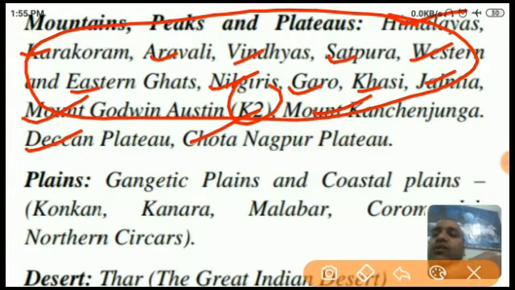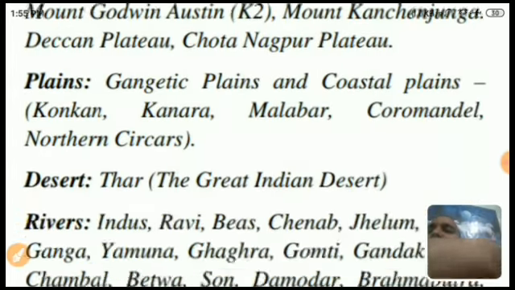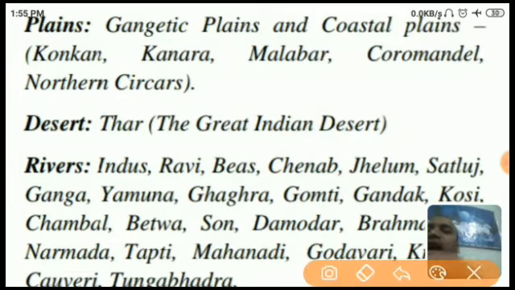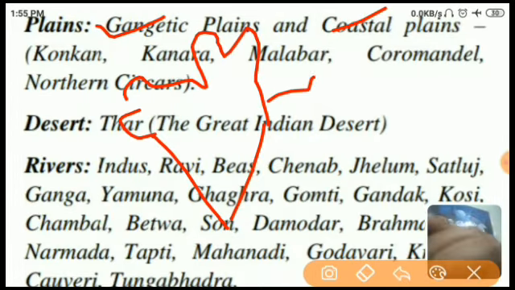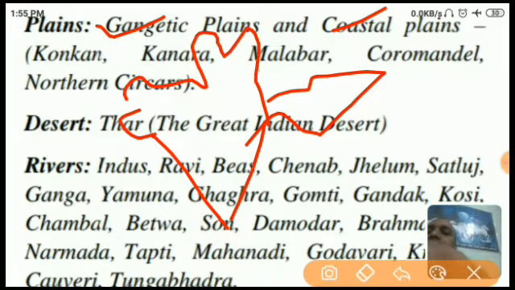Now we'll move to the next one, the plains. In the plains we have to see the Gangetic Plains and the coastal plains. Just like this is the India location, it is a rough map. Here there are some coastal plains and here also some coastal plains.